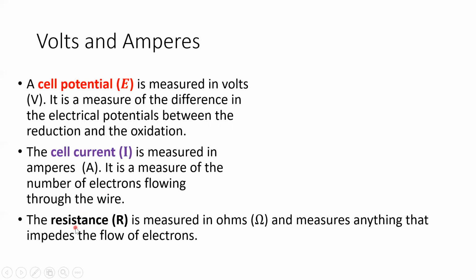And when we talk about resistance, the symbol for resistance is a capital R. And the units are ohms, which is a Greek letter. And it measures the resistance, the impediment of the flow of electrons.